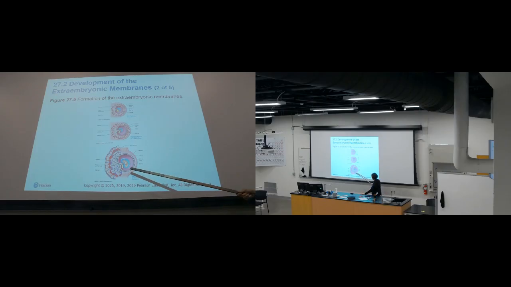The umbilical arteries carry CO2-rich blood away from the baby, and the CO2 diffuses into the maternal blood vessels, and then oxygen is delivered to the baby by the umbilical vein.